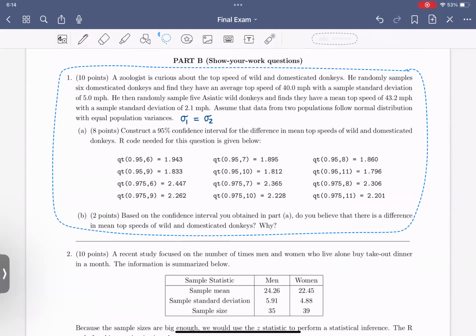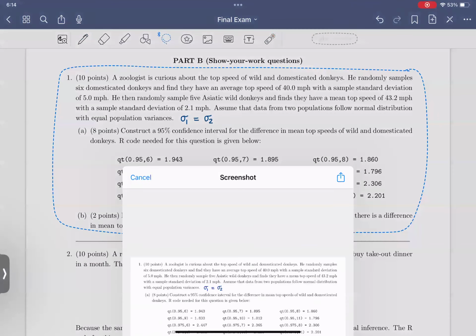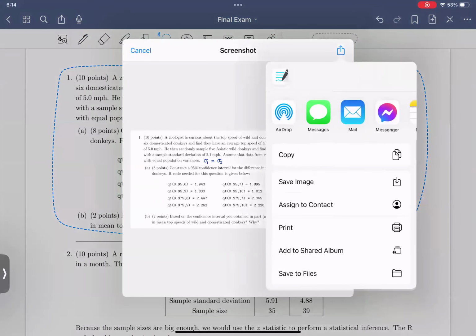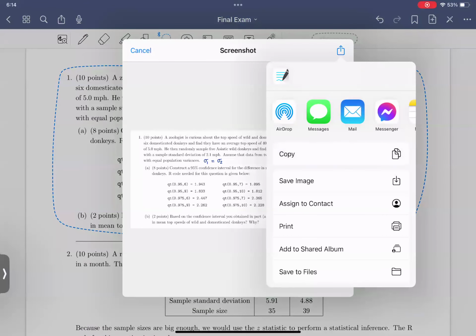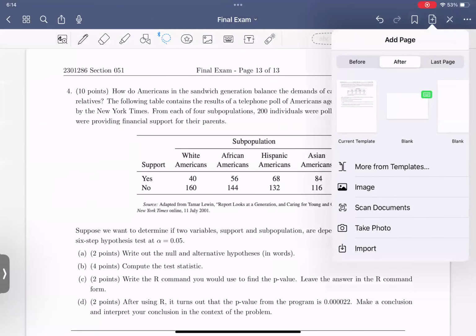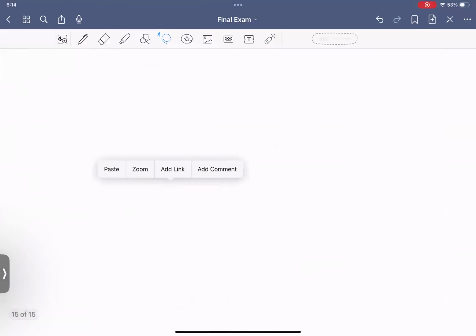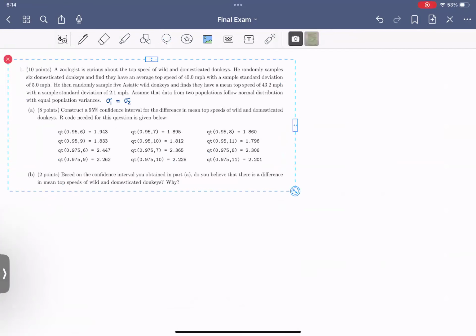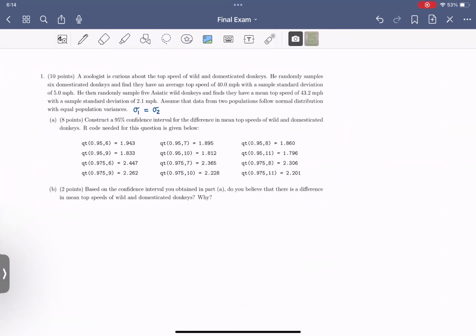I hope it works. We're gonna take a screenshot, copy, and then paste it on the new page here. All right, so we're gonna see if you can do this one.